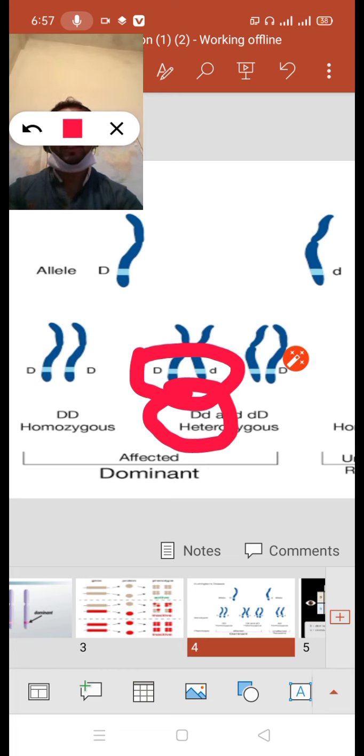It can suppress the trait of small d. That's why this is called heterozygous dominant, right? This is called heterozygous because both alleles are different. And it is called heterozygous dominant because the D has the capacity to express itself and suppress the characteristic of the other allele.